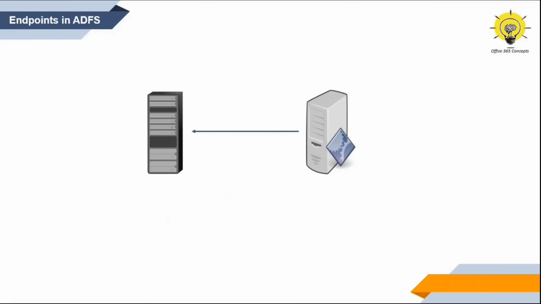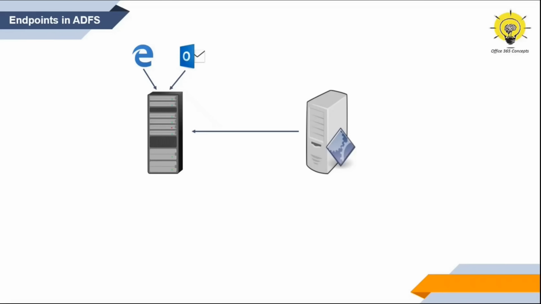It should be able to receive requests from web-based applications and from rich client applications as well. But how will the ADFS server identify whether the request it is getting is coming from a web-based application or a rich client application?